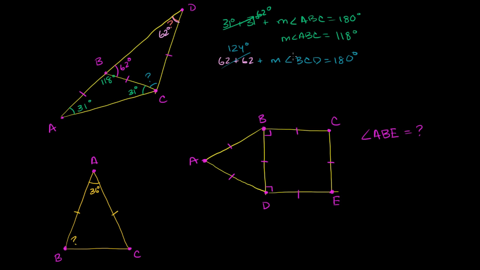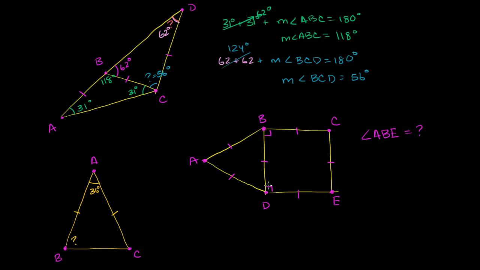You subtract 124 from both sides, you get the measure of angle BCD is equal to, let's see, if you subtract 120, you get 60, and then you have to subtract another 4. So you get 56 degrees. So this is equal to 56 degrees. And we're done.